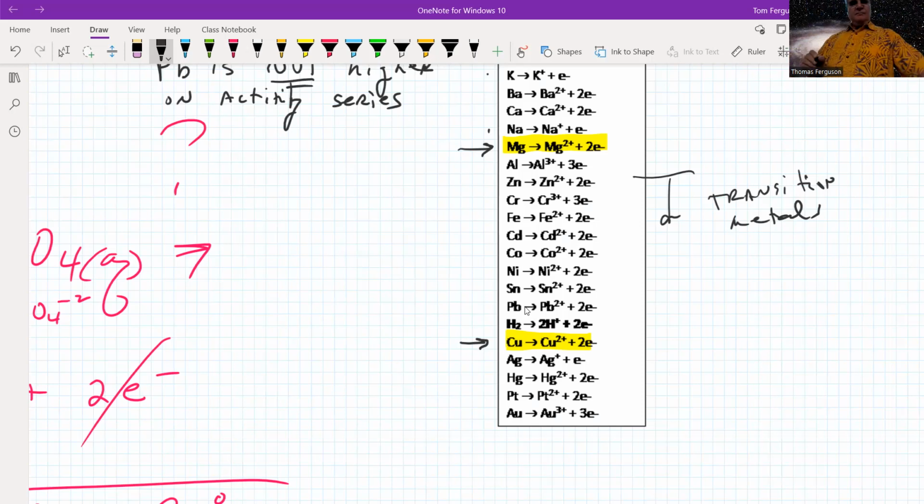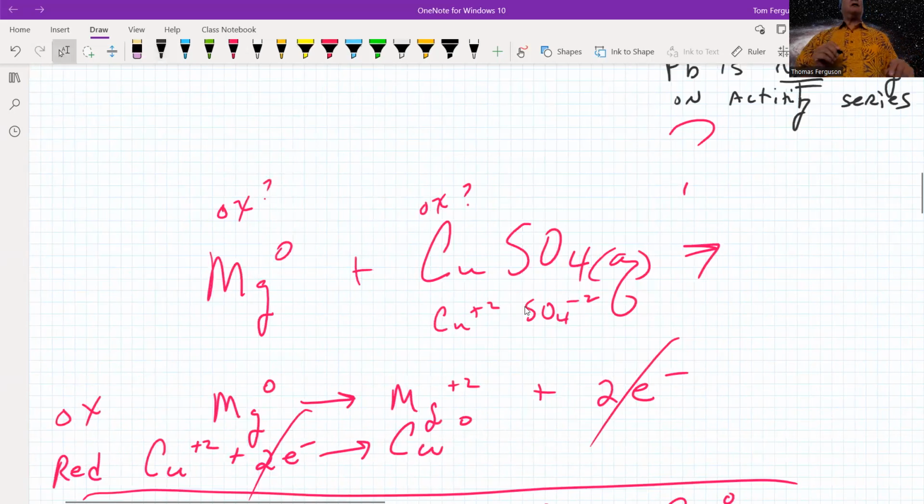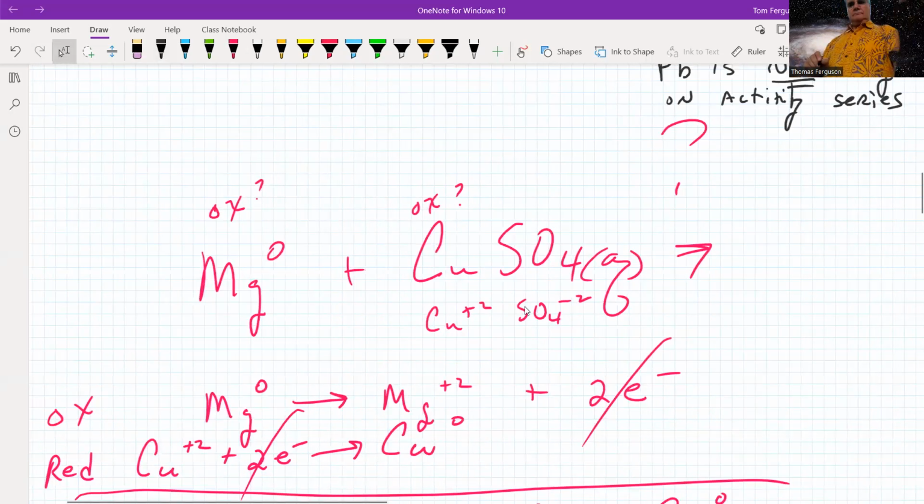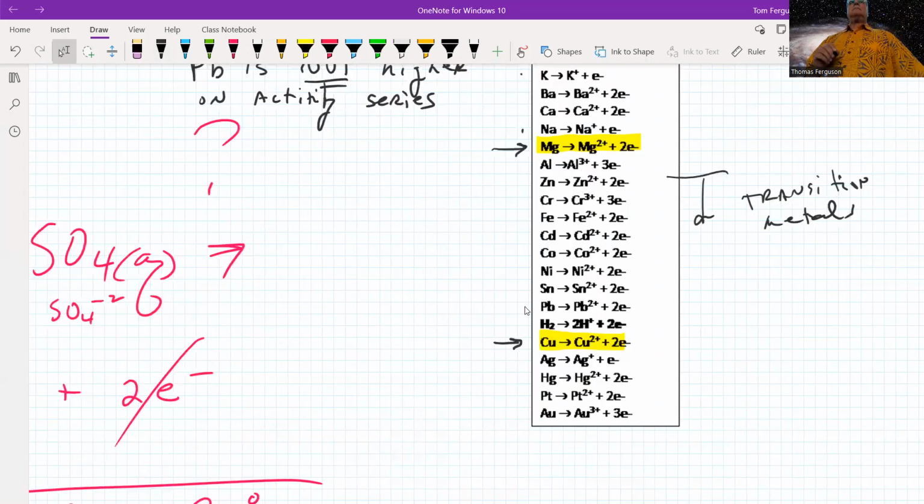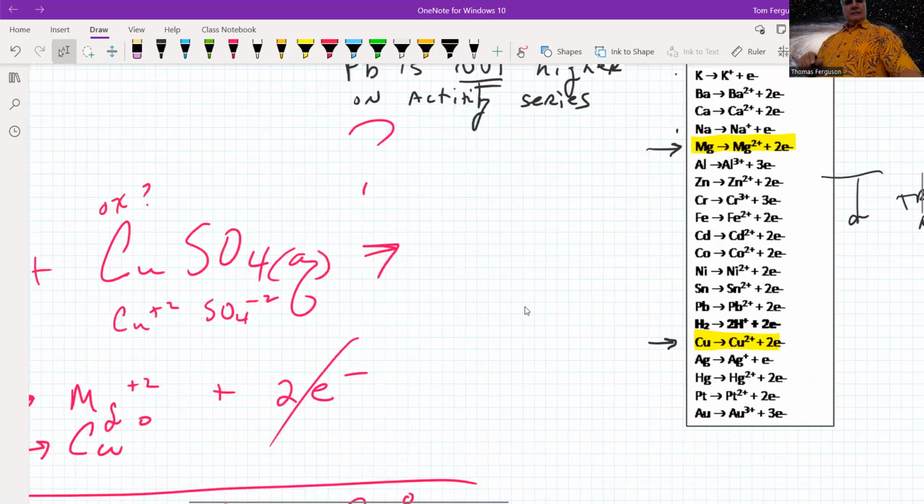Okay, so is the metal magnesium above the copper? Way above it. So this reaction is going to happen.